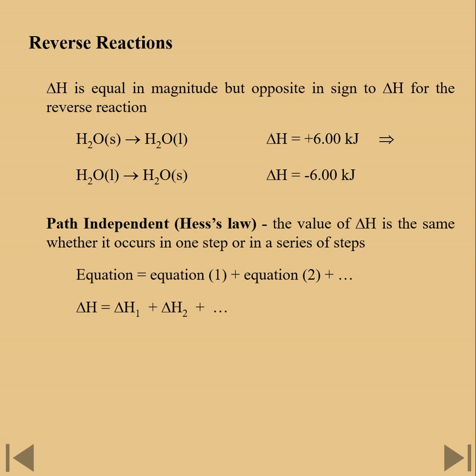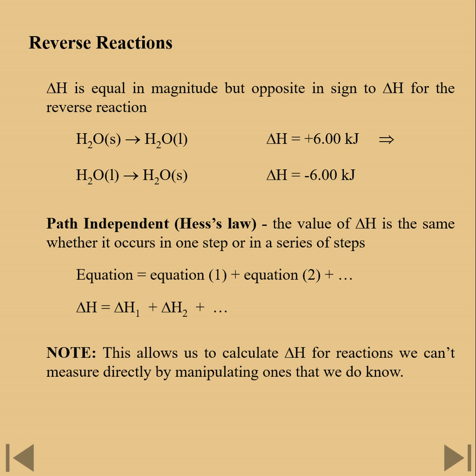So again, if your overall equation is equal to multiple steps, so think of equation 1 as the first step, equation 2 is the second step, etc., then the enthalpy of that reaction will be the sum of the enthalpies of those steps. And that's going to allow us to add chemical reactions together. And because of that, sometimes that means we can calculate the enthalpy of reactions that we can't actually measure directly.